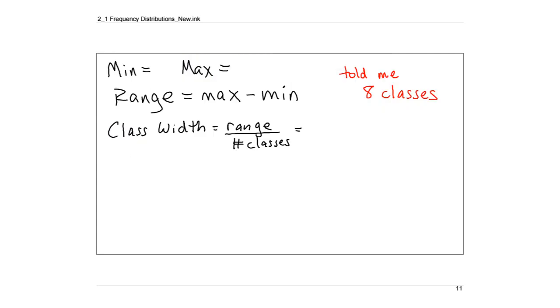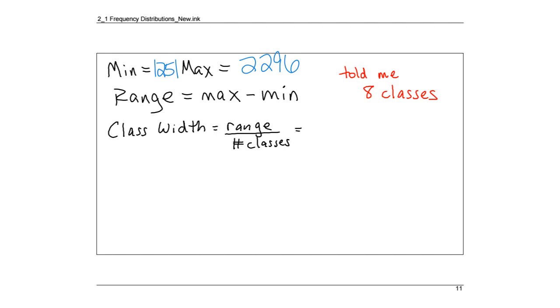All right, I just wanted to go over finding the class width one more time with you. We looked at our data and found that our minimum point was 1,251. The maximum point was 2,296. This is important because we have to find the range, the smallest number and the largest number in the data. The problem told me they wanted 8 classes.